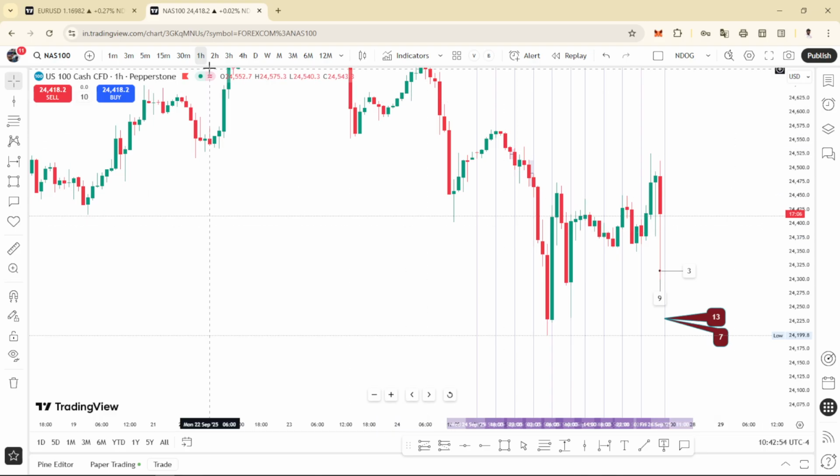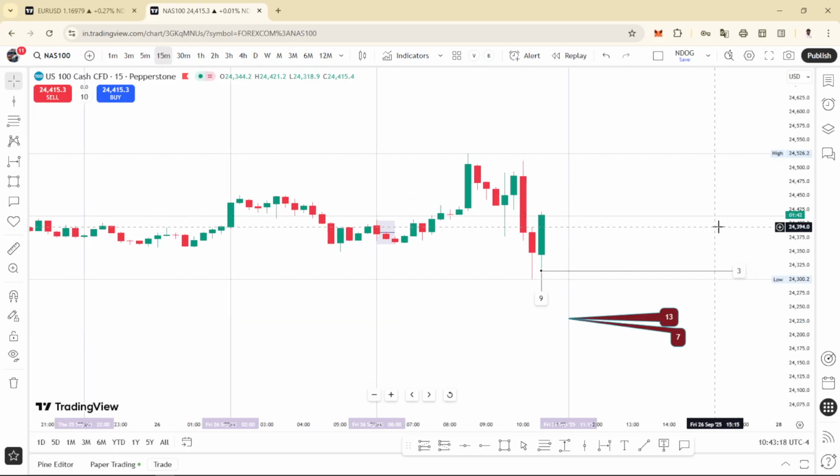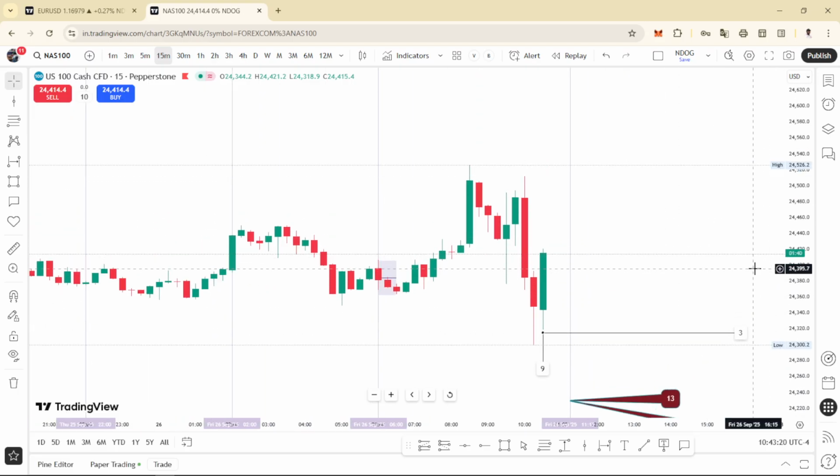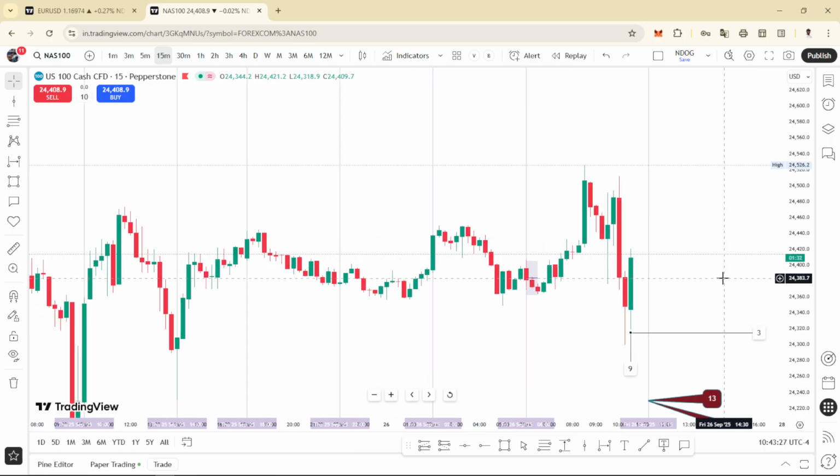Okay, let's go back to what we're reading. I'm making my count on the hourly to see if it's still in sync. Yeah, I think we're still in sync. So we get what we want from this move. The retracement was deeper than I thought.